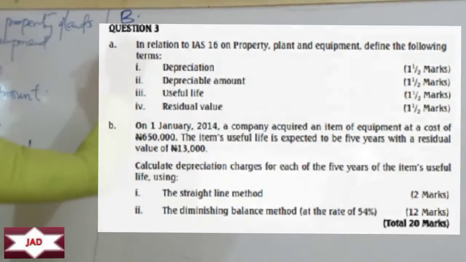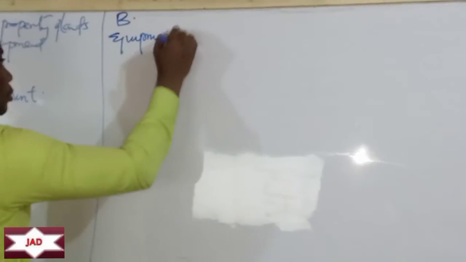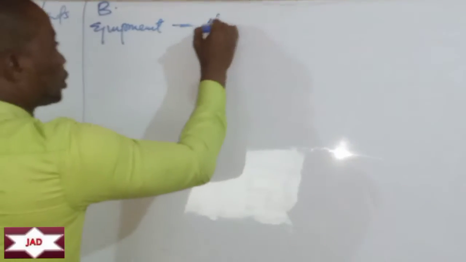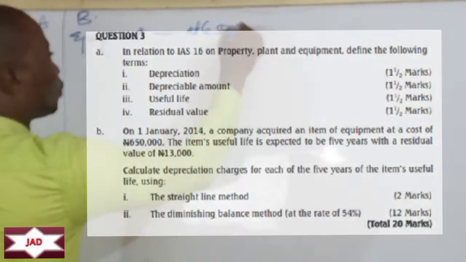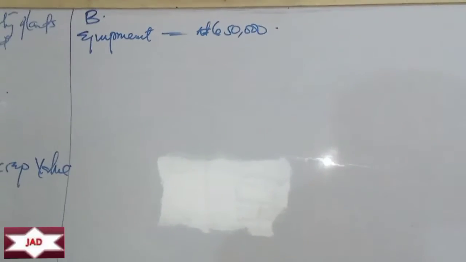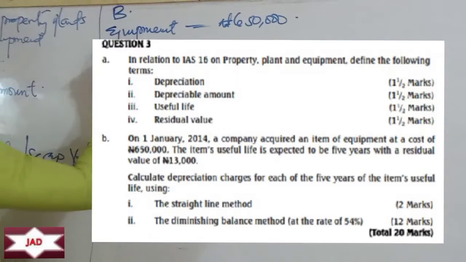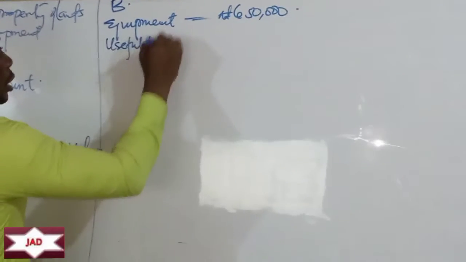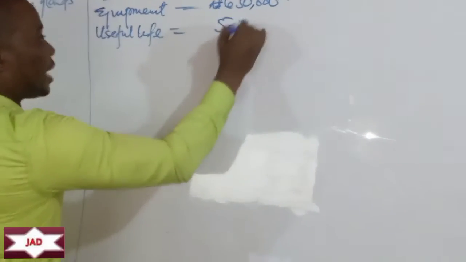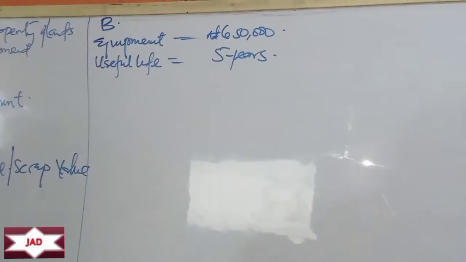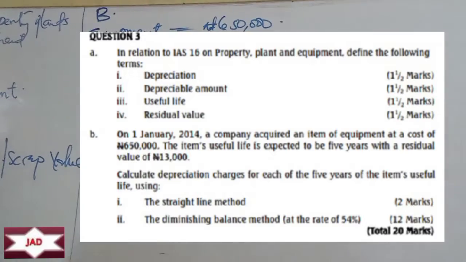So we can say equipment is costing how much? 650,000 naira. They are saying that it's expected to have a useful life of 5 years. So we can say useful life will be 5 years. And then we have what they call residual value, also called the scrap value.